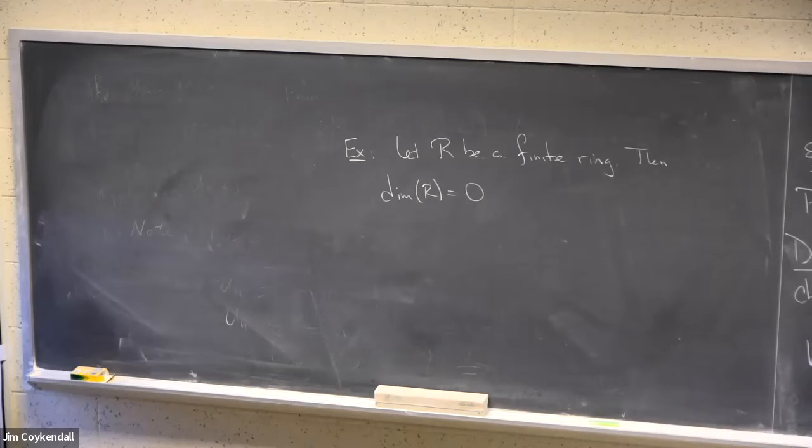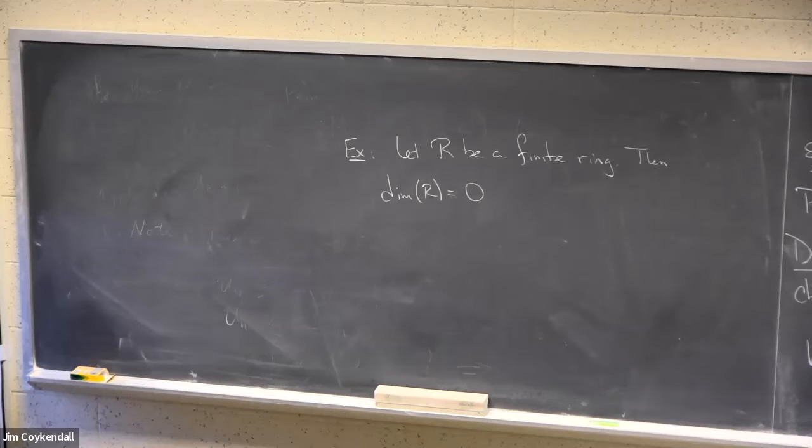Obviously, if we have a finite domain, then we have a field, so we have dimension zero.